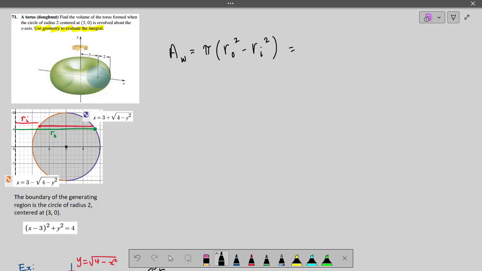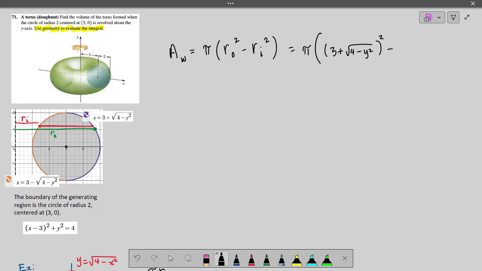So the outer radius is this green distance. Right x minus left x. The left x is 0. So we are going to have pi multiplied by that thing squared, minus the inner radius squared. The inner radius is that red distance right there.